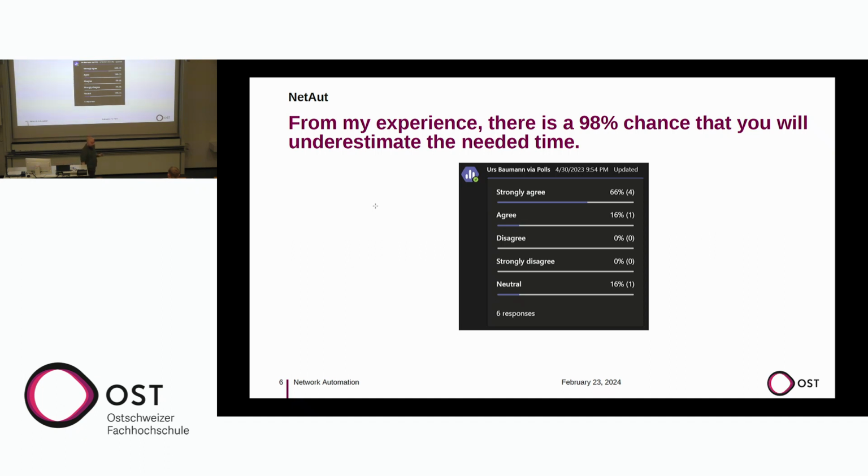Many times in network automation, the devil is in the detail. It looks simple and you have maybe 80% pretty fast, but then there are some small details, and the vendors are really good at making our life miserable. Many times there are workarounds we have to find, so don't try to do it last minute.